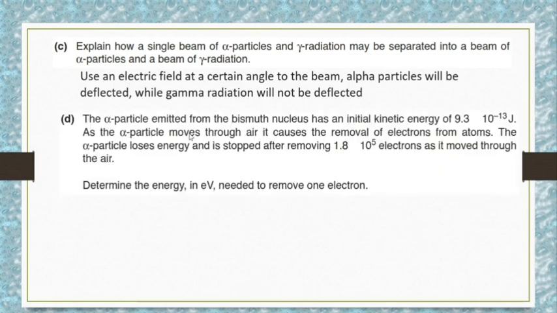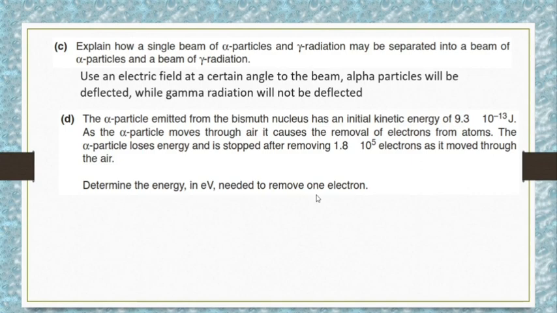The alpha particle emitted from the bismuth nucleus has an initial kinetic energy given. As the alpha particle moves through the air, it causes the removal of electrons from atoms, and the alpha particle loses energy and stops after removing 1.8 times 10 to the 5 electrons as it moved through the air. We want to find the energy in electron volts needed to remove one electron.